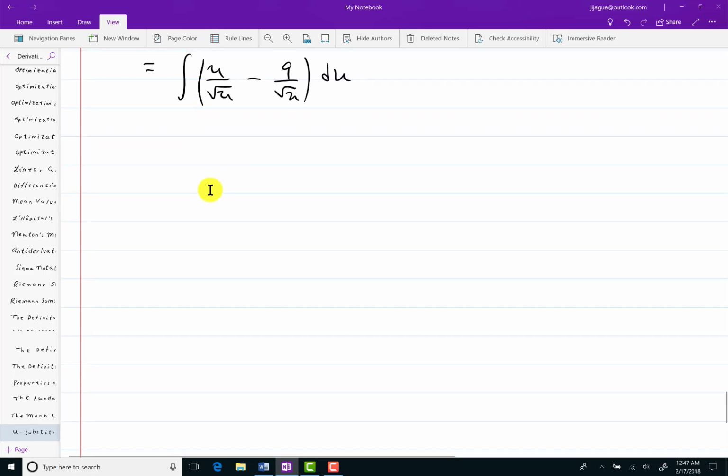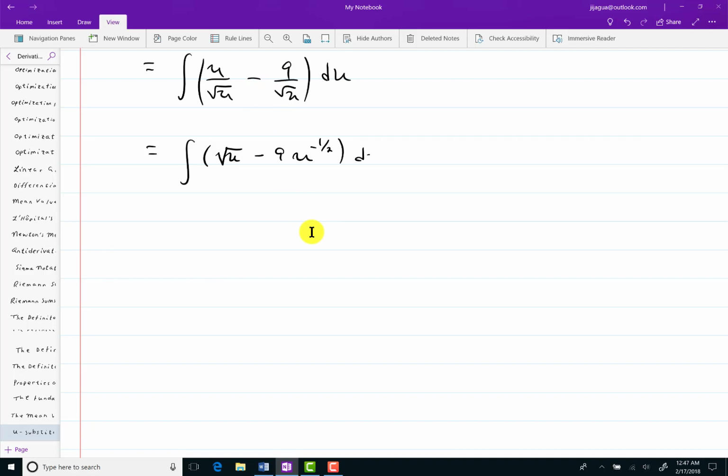Well, this equals u over the square root of u, which is the square root of u, and 9 over the square root of u can be rewritten as 9u to the negative 1/2 du. And I don't really like to think of it as being the radical u.